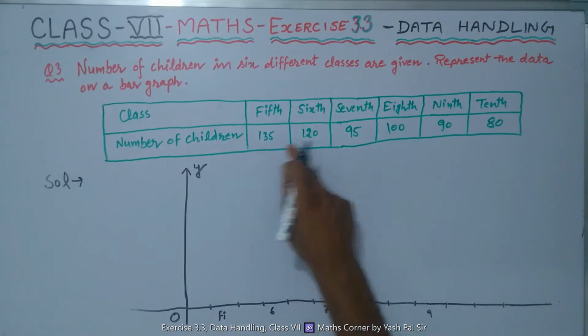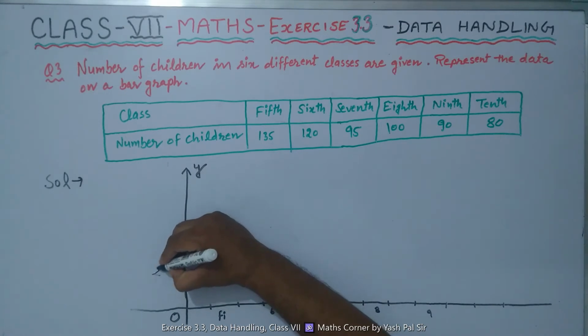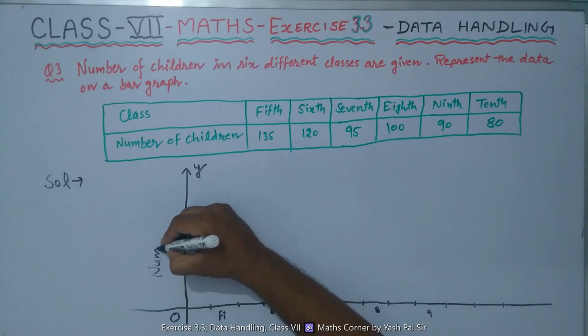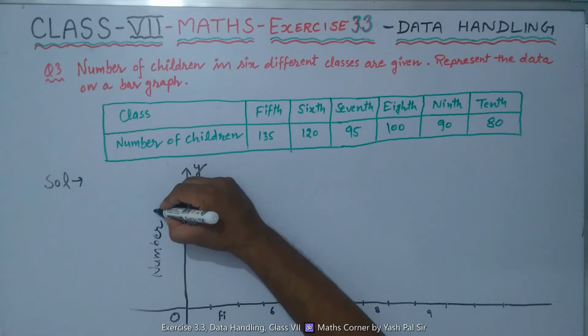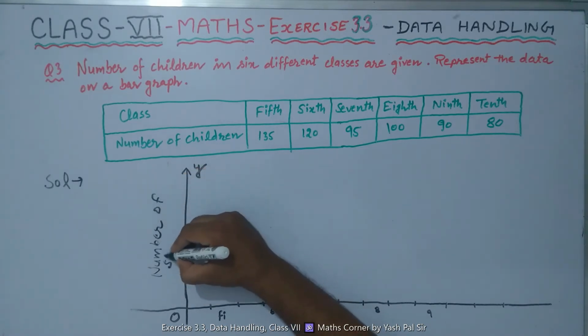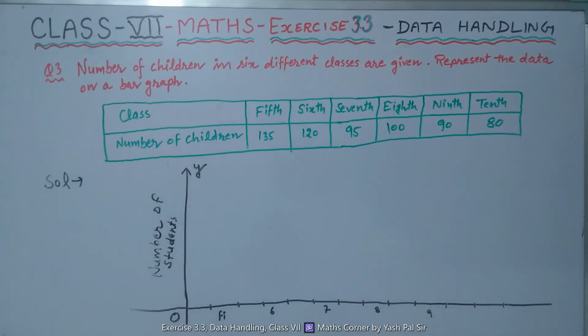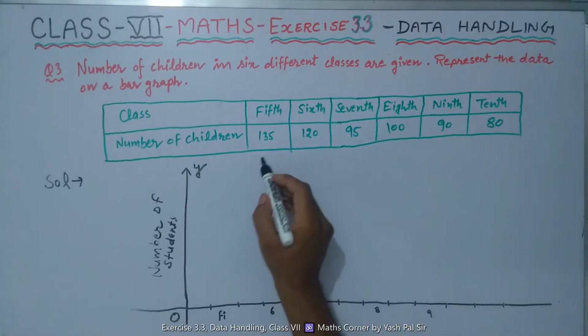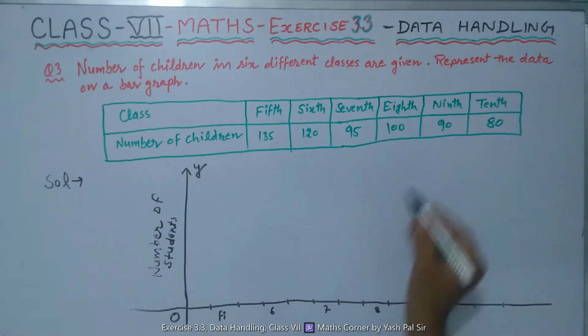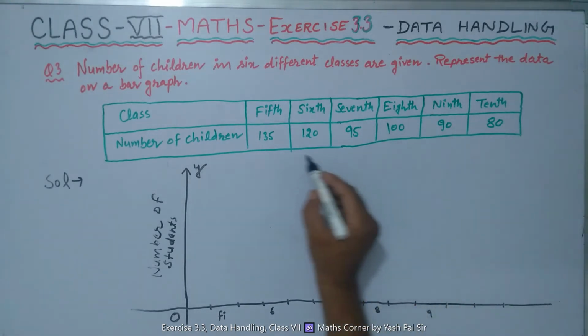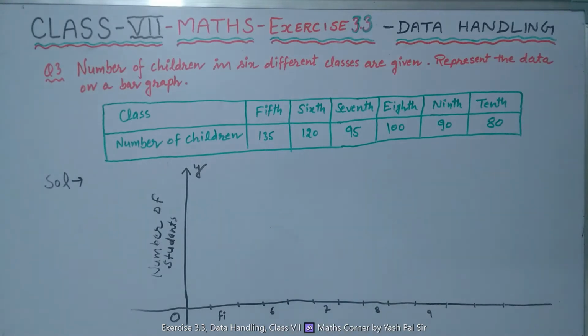Now here, the number of students. First of all, which is the smallest here? 90 is the smallest, and the highest is 135. So we can take a distance of 20.